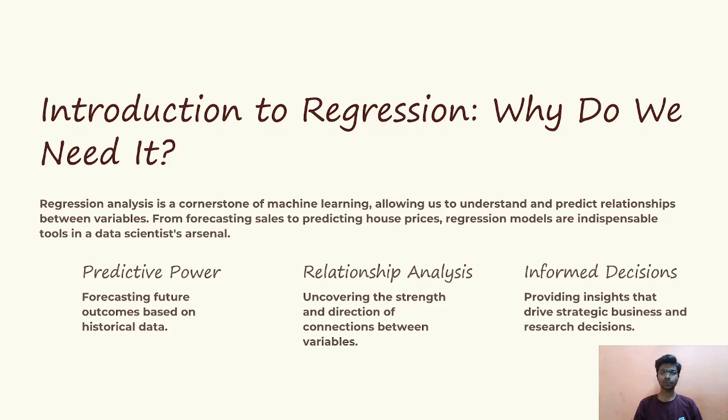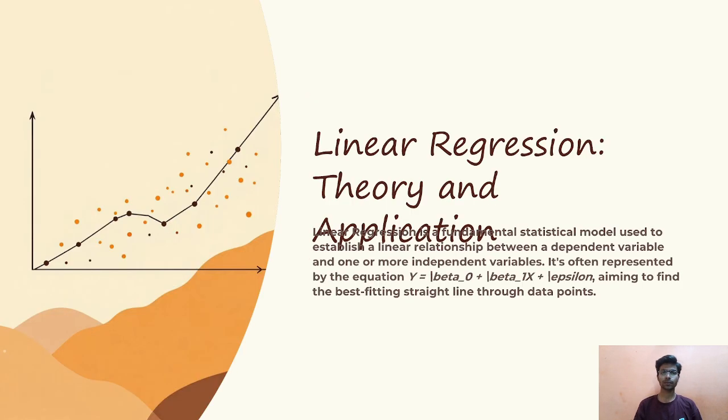Predictive power: forecasting future outcomes based on historical data. Relationship analysis: uncovering the strength and direction of connections between variables. Informed decisions: providing insights that drive strategic business and research decisions.